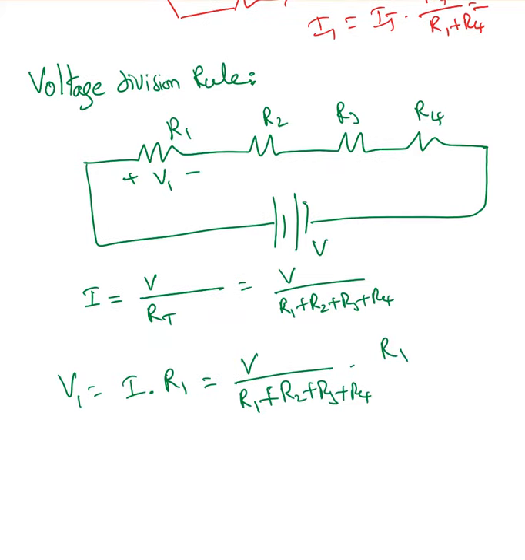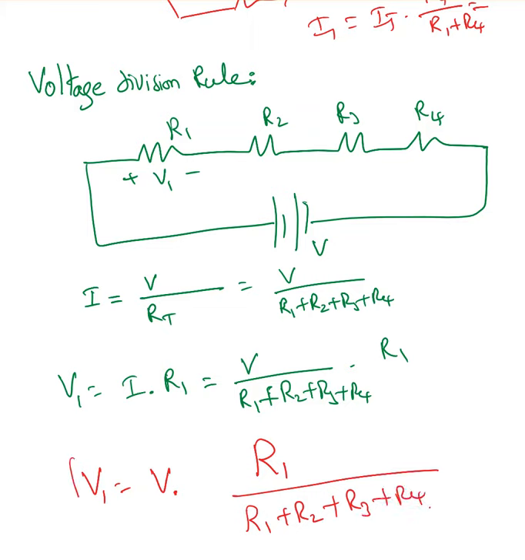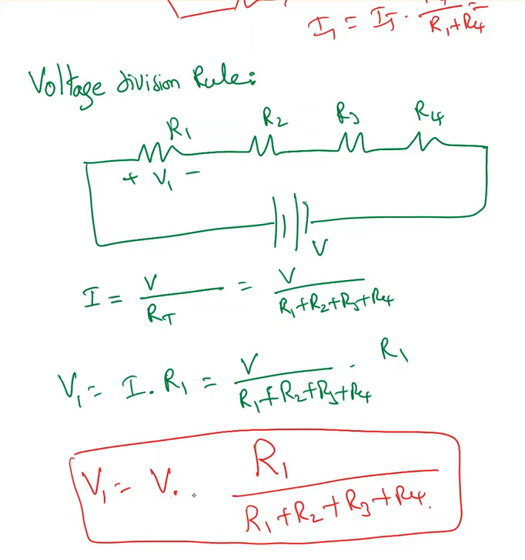The easiest way to remember this is to find V1 equal to total voltage multiplied by the same resistance over total resistance. This is the voltage division rule. So for the voltage division rule, you multiply total voltage with the same resistance divided by total resistance.